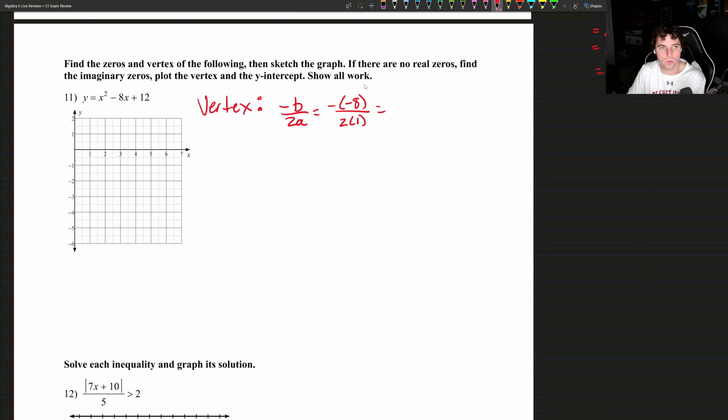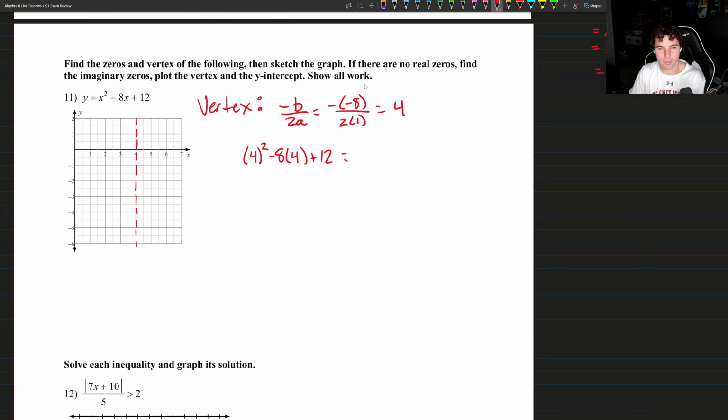So then we get 8 over 2, which is 4. So that's the axis of symmetry. It's not quite the vertex yet. It just gives us where the vertex is. In order to get the second part of the vertex, you plug that 4 in. So 4 squared minus 8 times 4 plus 12.